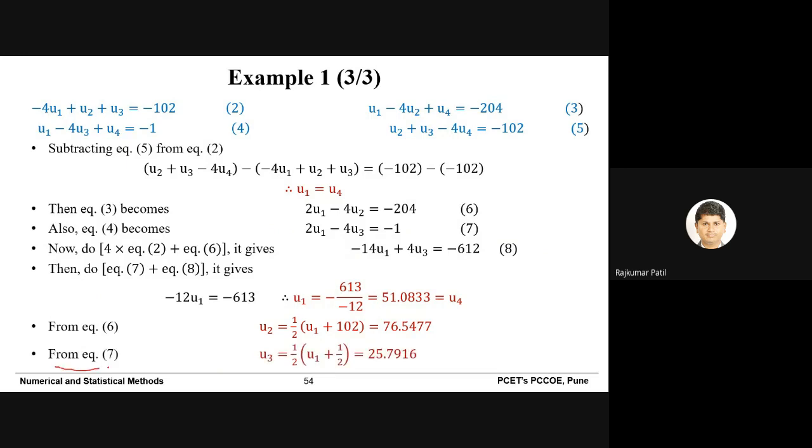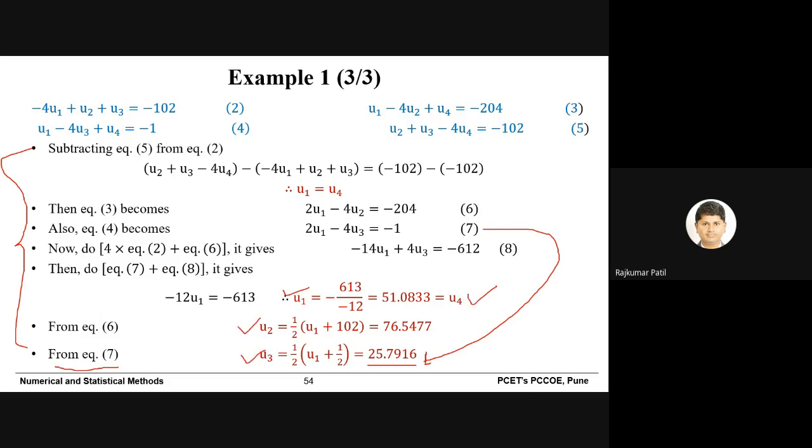And similarly, by using equation number 7, simplify that equation and put all the known values. You will get u3 equal to 25.7916. Here I just applied the logical way and some mathematical operations to calculate the values of u1, u2, u3 and u4.